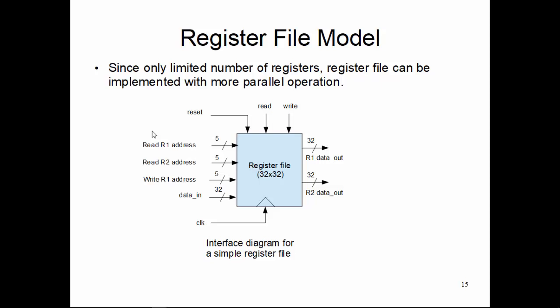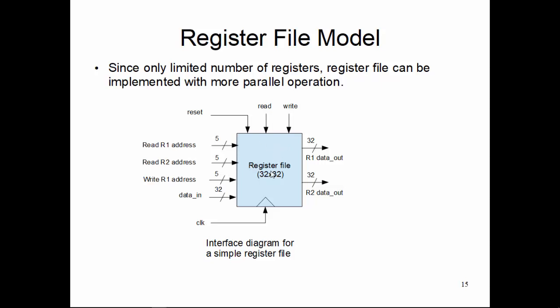So we have a possibility that we can read out two rows at a time. And by the way, the memory is nothing but a table with rows. For a register file, these rows are called registers. It's a distinct hardware device, and each row is called a register.